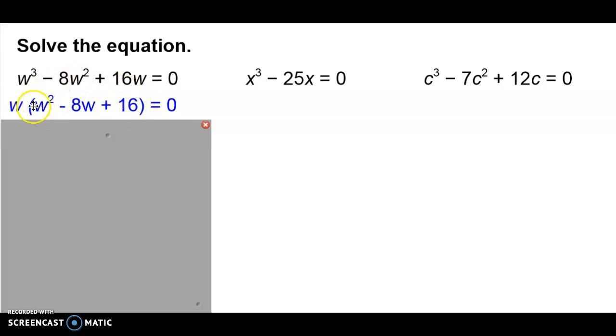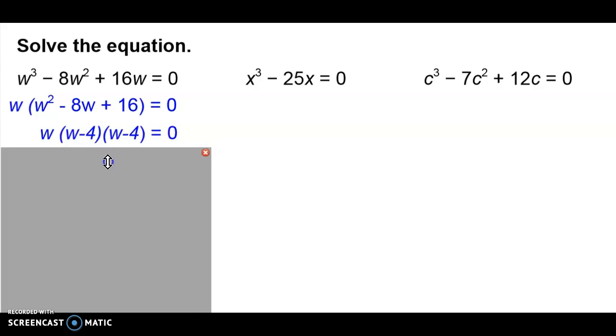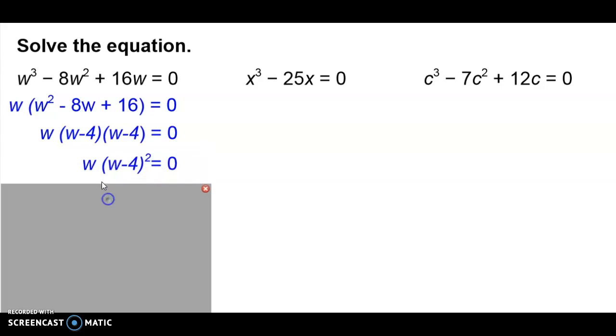So that means this quadratic trinomial is actually a perfect square trinomial. So to factor a perfect square trinomial, it will become w times w minus 4 times w minus 4. Or you can also write it as w times w minus 4 to the second power.